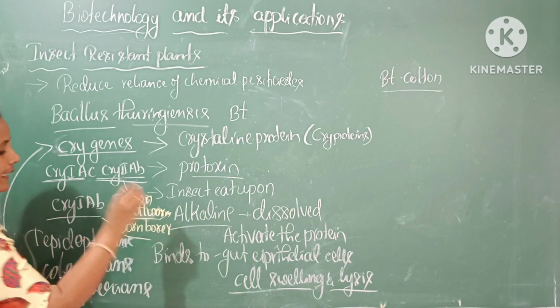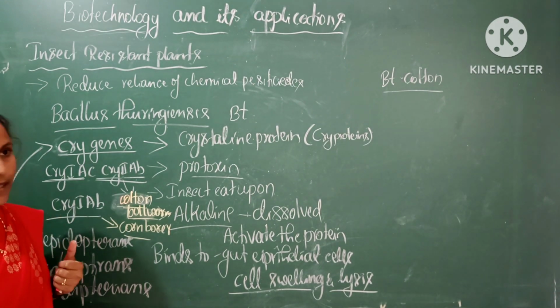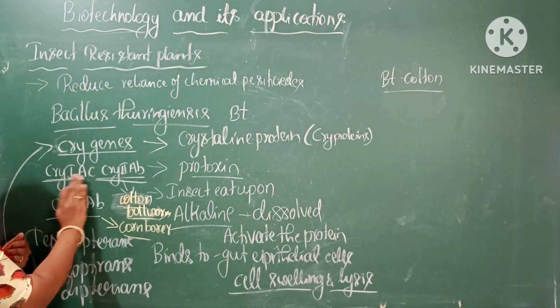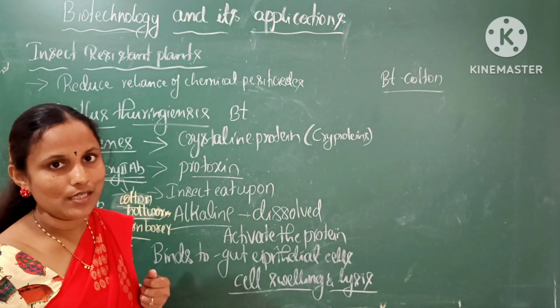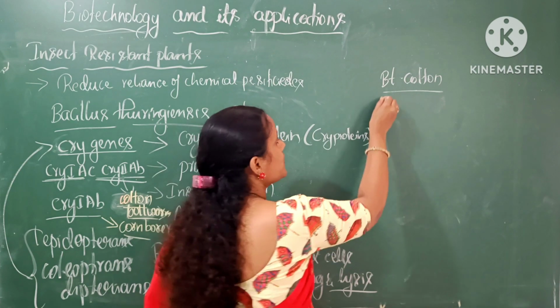So by studying these host specificities, what scientists did is they isolated Cry1AC and Cry2AB genes from Bacillus thuringiensis. That is, I will write in a flow chart.